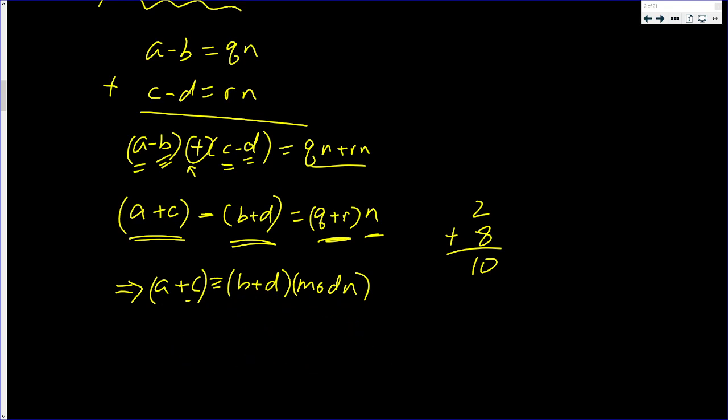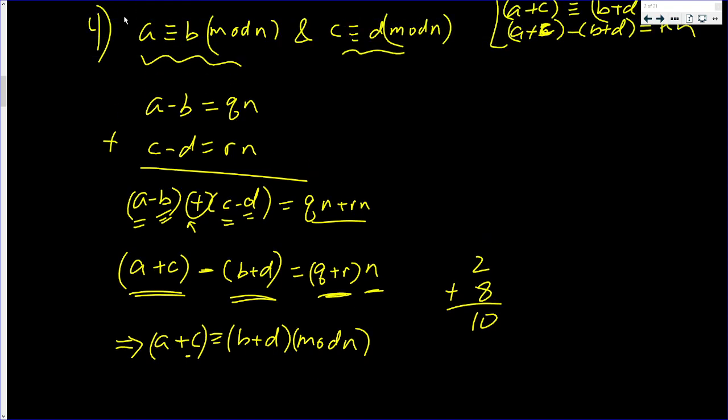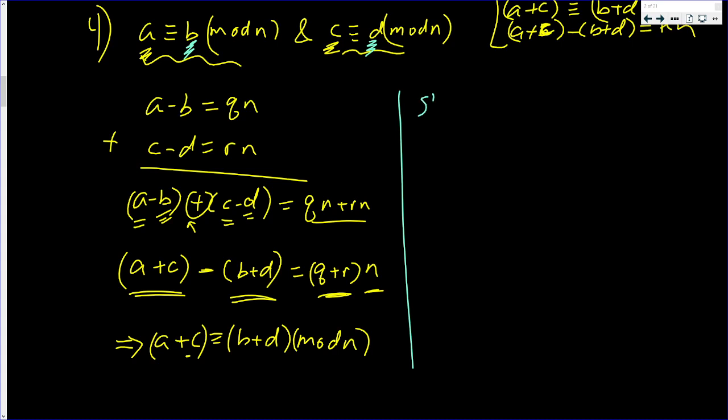Okay, so this problem had two parts. We wanted to show that if you add the a and the c, and you add the b and the d, everything works out nicely. Now we want to multiply them. We want to show that a times c is congruent to b times d mod n.